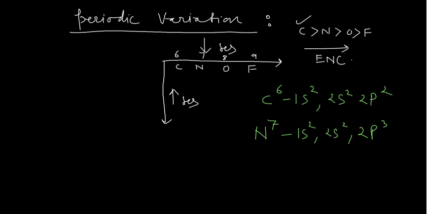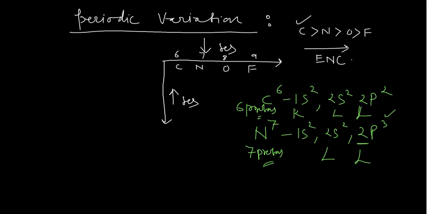So in carbon 6 protons are there in the nucleus, and in nitrogen 7 protons. The extra electron in nitrogen is added to the same shell, because it is also the L shell. This is the K shell, and these are the L shell, right?